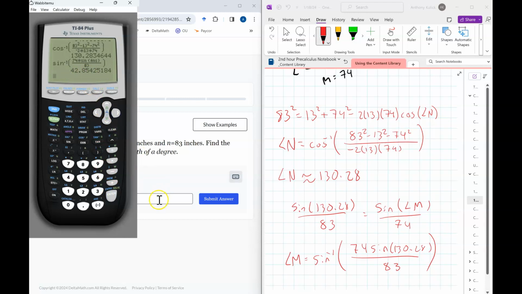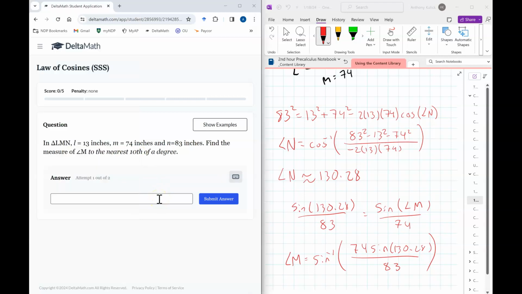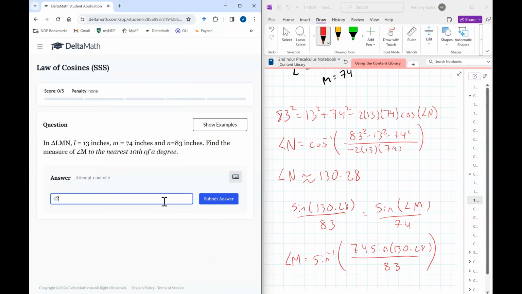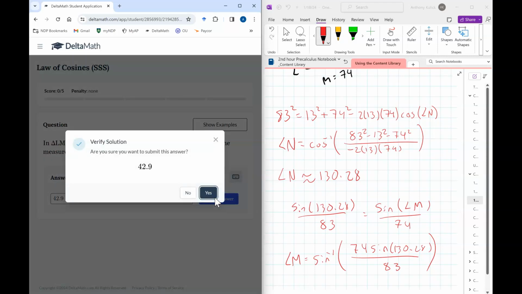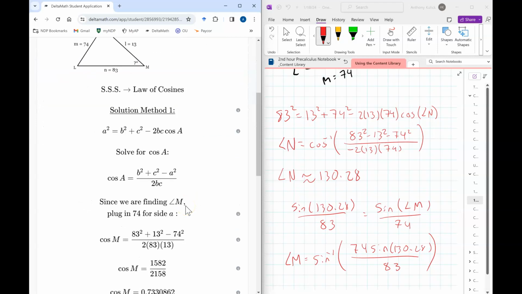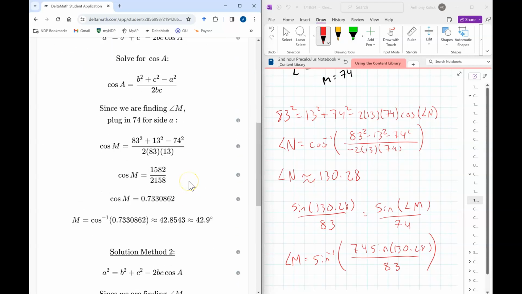So 42.85, it says to the tenth of a degree, so that should be 42.9. Let's see if it takes it. Yeah, so that's probably what was happening.